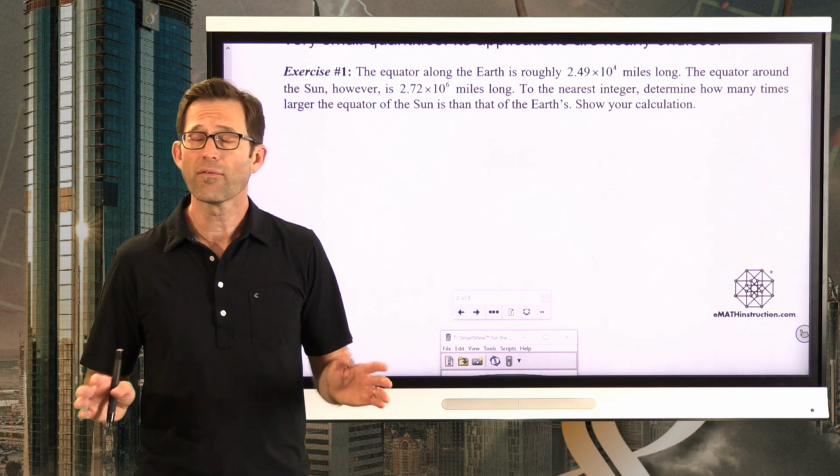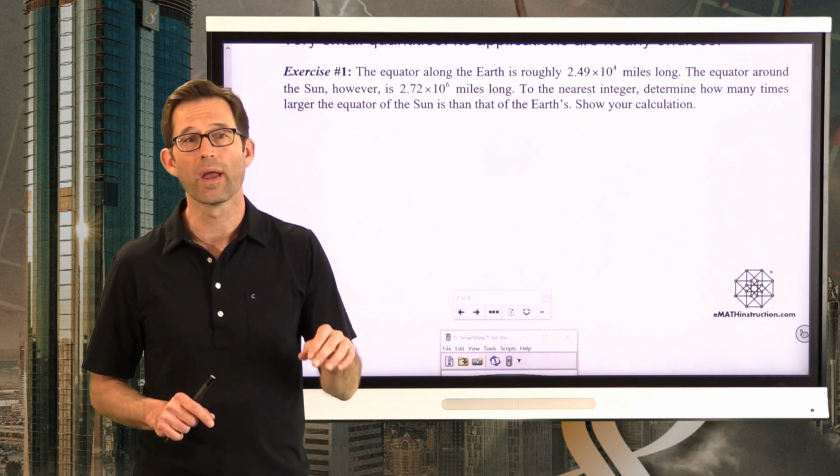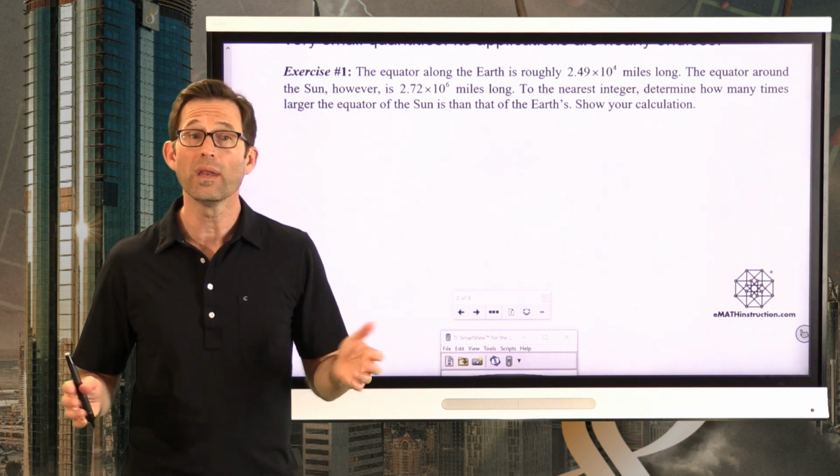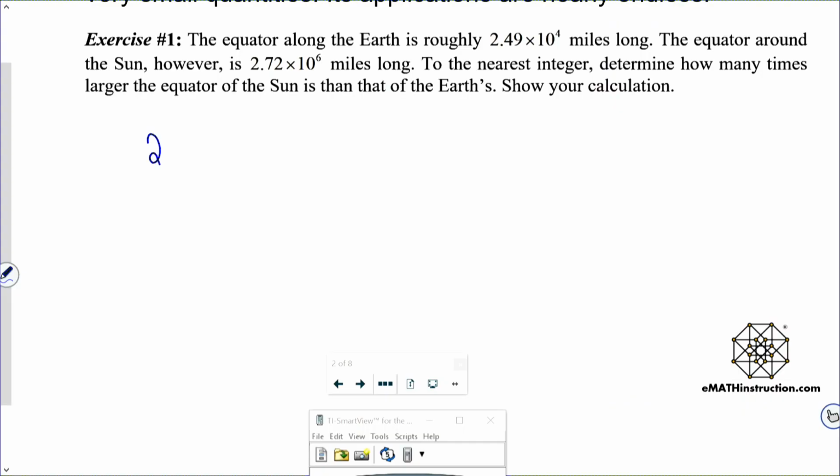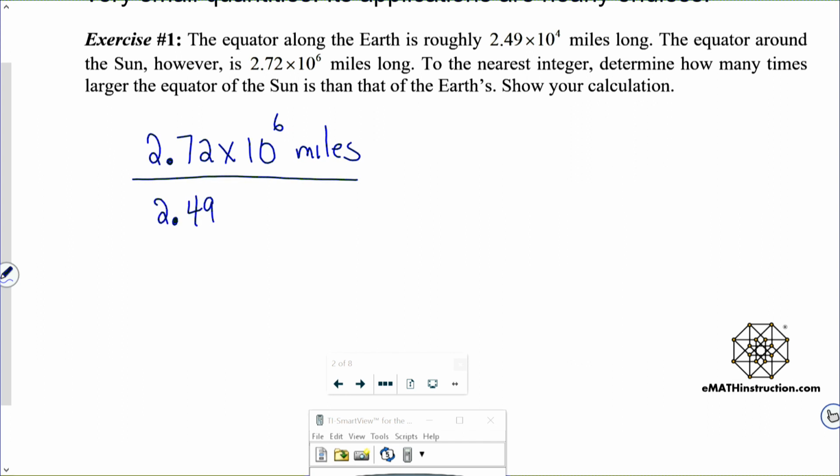All right, well, whenever we're trying to find out how many times greater one number is than the other, we need to use division. Specifically, I need to take 2.72 times 10 to the 6th miles for the Sun, divided by 2.49 times 10 to the 4th miles for the Earth.